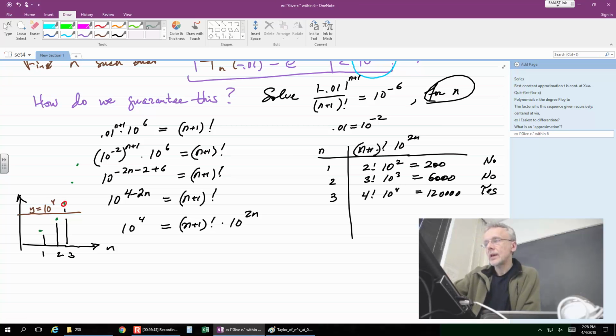So it's a sequence of values on the y-axis. It grows fast, as you can see, by a factor of at least 10 every time. And as soon as we pass 10,000, we're done. So n equals 3 is our answer.